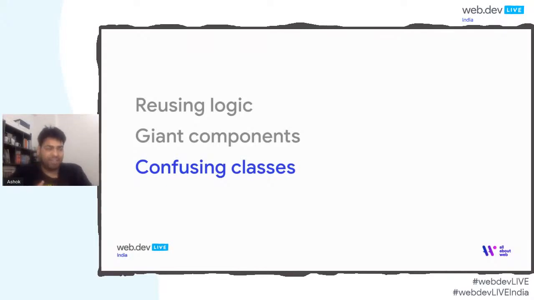So it's very difficult to decide whether I should go for a function component or a class component, because there's always going to be a fear in your mind that later on I might need state and lifecycle hooks inside that component, and I have to convert this particular function component into a class component. So should I do it right now, or should I do it when I need that? So specifically, that confusion with classes is actually there.